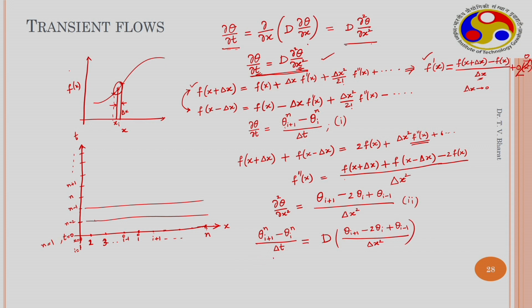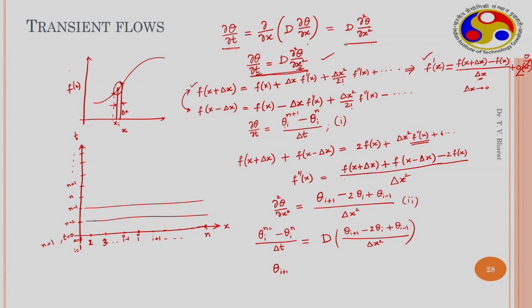If I simplify, this is an explicit form of finite difference approximation. So, here I can write for theta I plus 1, sorry, this one is not theta I plus 1. So, this is essentially at the same ith level, at I and n plus 1, only the time step is varying, because we are actually doing the difference operator on the time step. So, this is n plus 1. Sorry for the mistake.